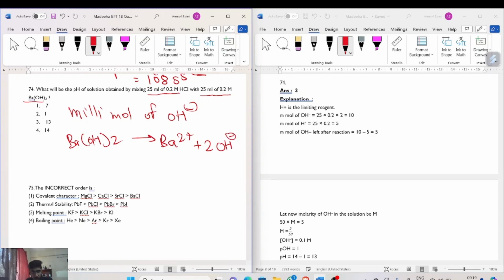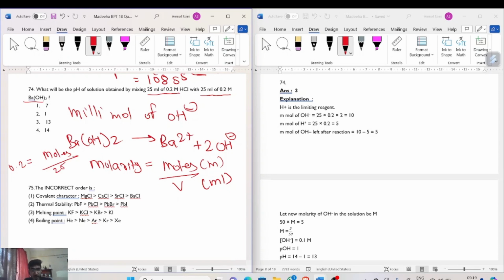We know that molarity or concentration is equal to number of moles divided by volume of solution in liter. Here we are calculating millimoles, so we can take the volume in ml also. The molarity given for OH minus will be 0.2, the number of moles we have to calculate, and the volume given is 25 ml.